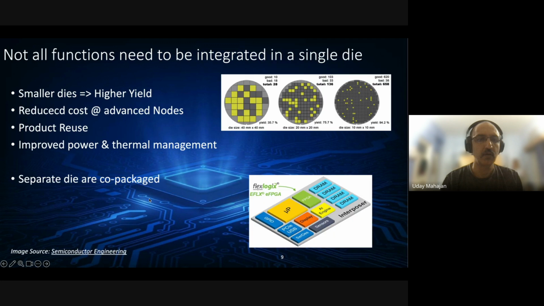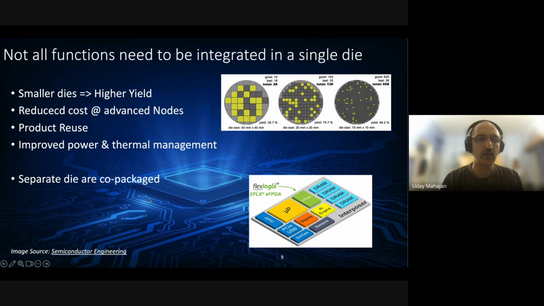And further, as we continue scaling, making devices smaller, fabrication of these small devices also becomes much more expensive. And that has led the industry to the realization that not all functions need to be integrated into a single die.